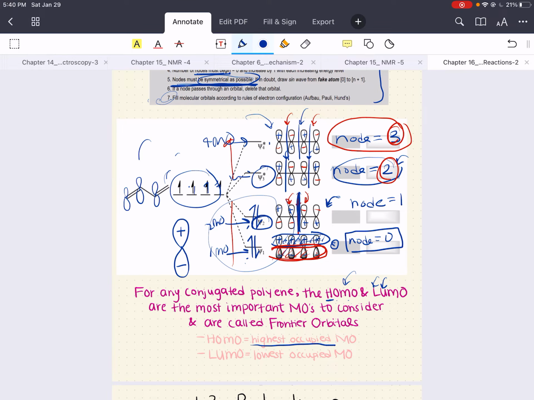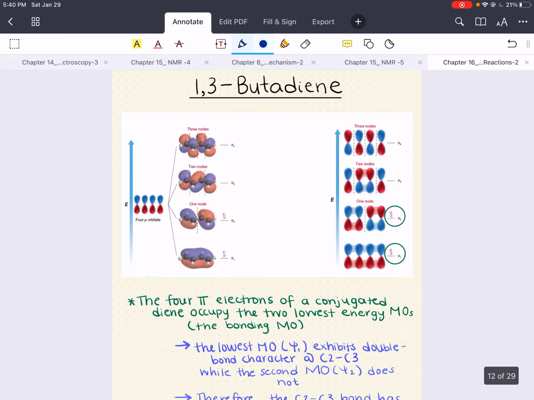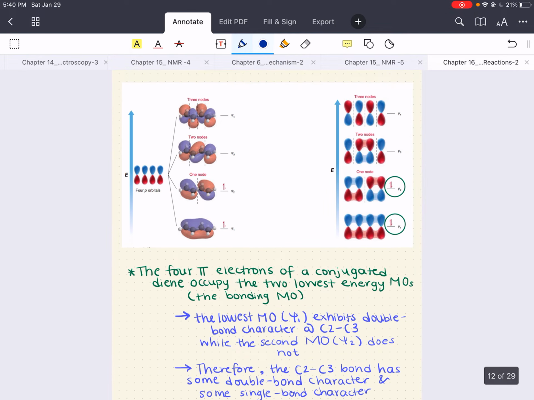What's our highest occupied molecular orbital here? Well, the highest molecular orbital with electrons is the second MO, and the lowest unoccupied molecular orbital is MO3.